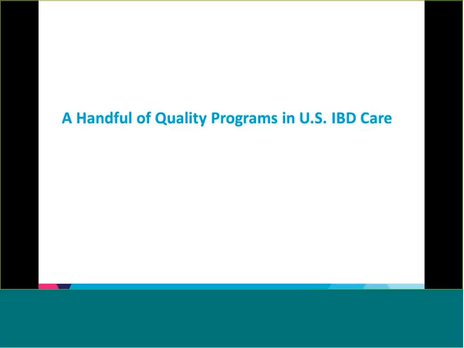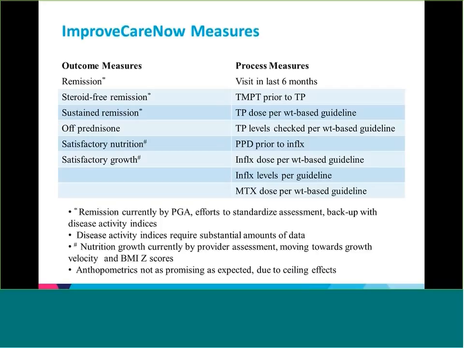So there are already a handful of quality programs in the U.S. related to IBD care, including the ones that you guys are pioneers in and are already enrolled in, which is very nice, and I want to thank you again for that. One is a pediatric consortium called Improve Care Now, and this grew out of the conglomerate that I spoke about earlier, that Dr. Kappelman had done the study on thiopurine and methotrexate use.